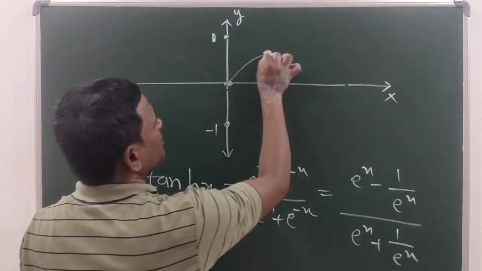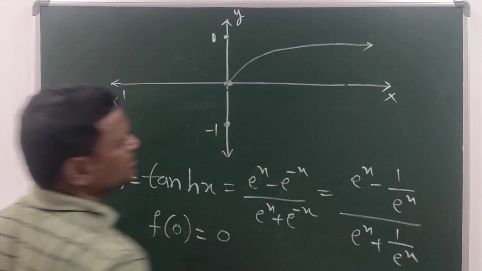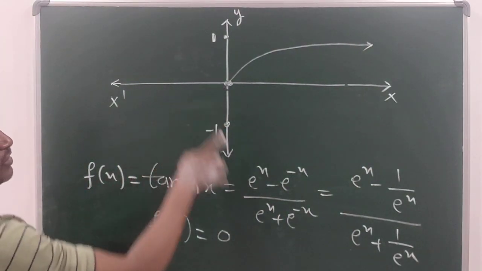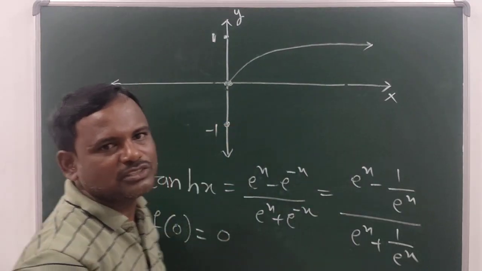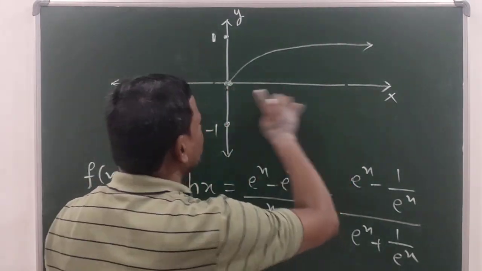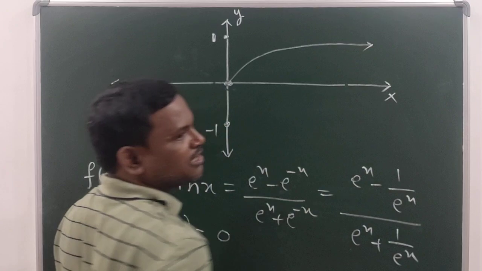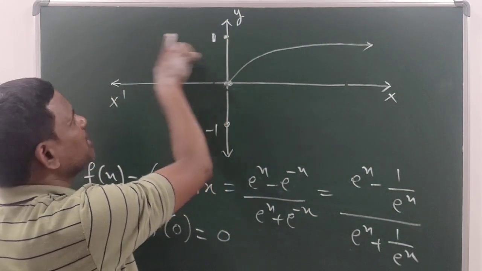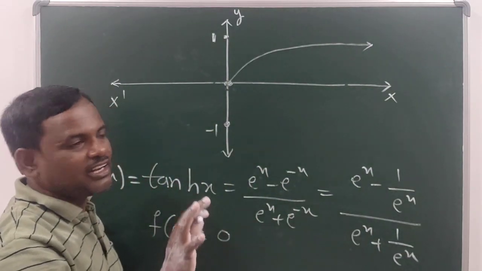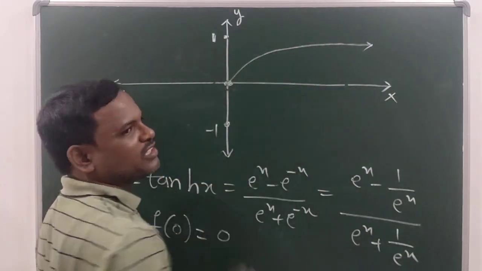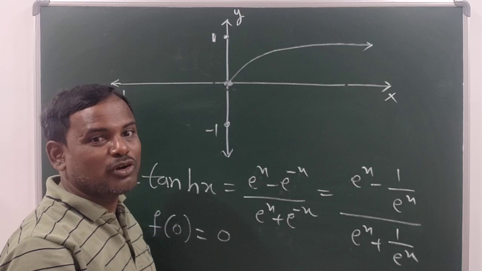See, you get the graph like this. It goes like this. If you give negative values for x here, students, I think you have understood this. If you keep on moving right side, your graph increases like this, but never touches 1, because if you draw a horizontal line through the 1, that horizontal line never touches the curve, so it is the asymptote for this curve. What is an asymptote?